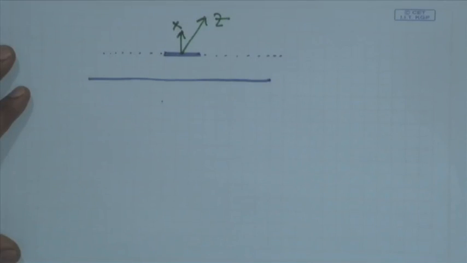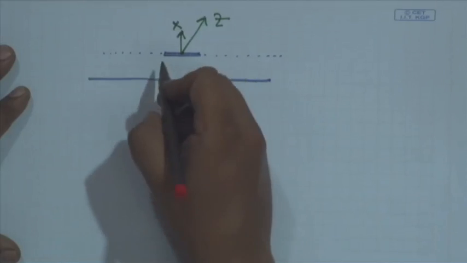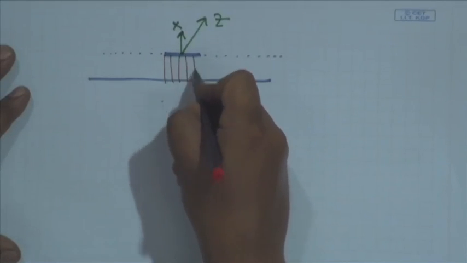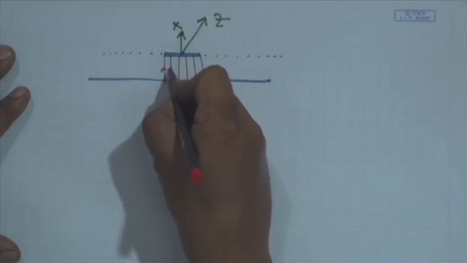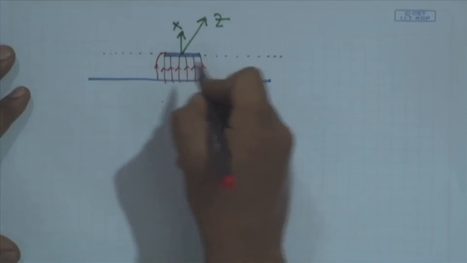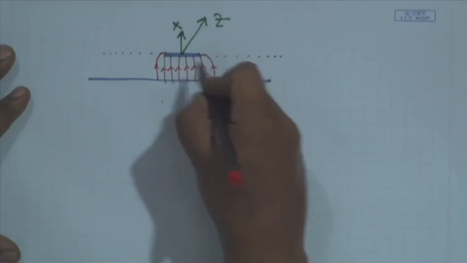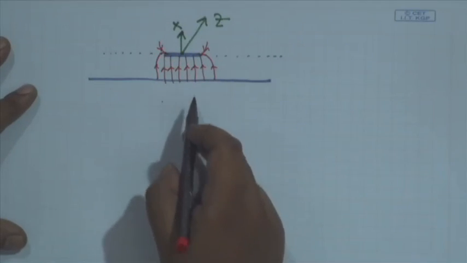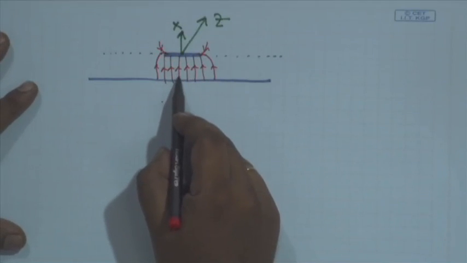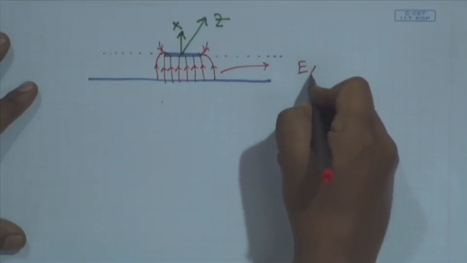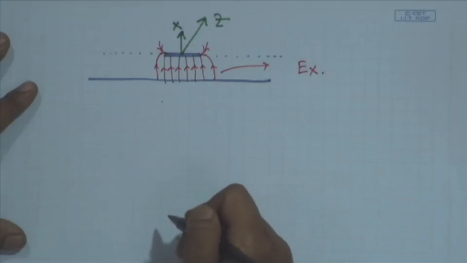If I look at the electric fields, they will be perpendicular to both the strip and the ground. We have also some fringing field components here. So, we see that for a microstrip line, the dominant component of the electric field is the Ex component.